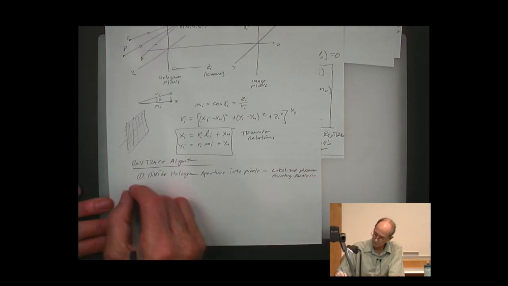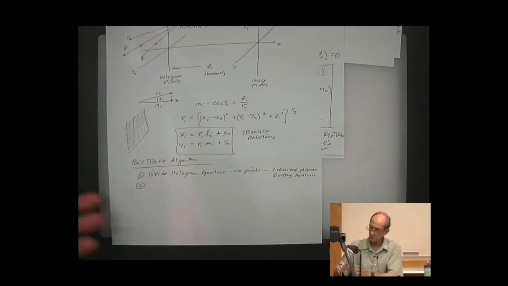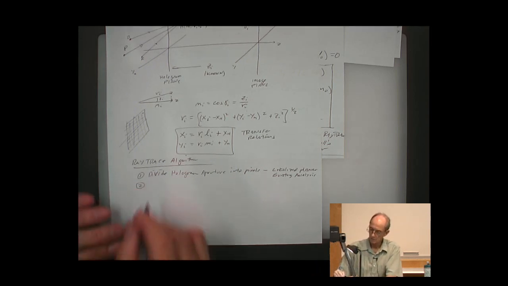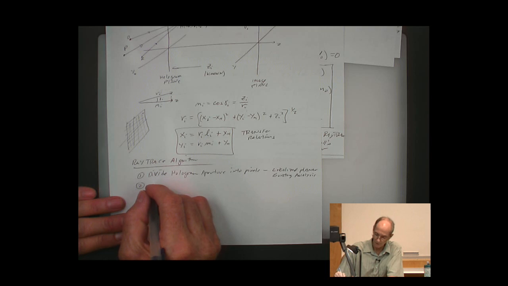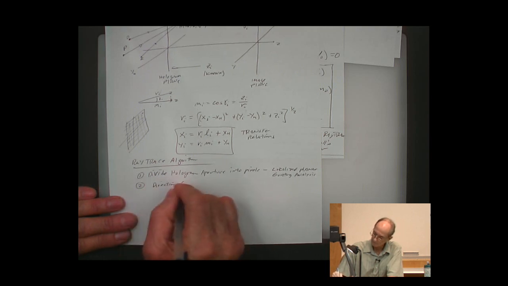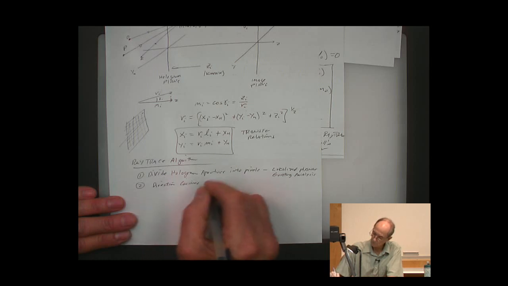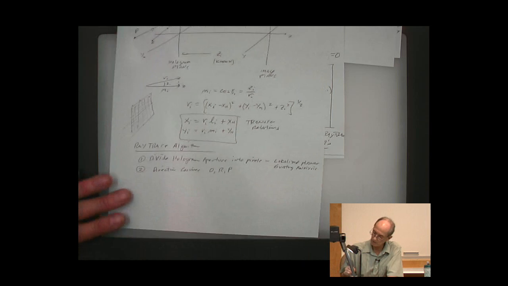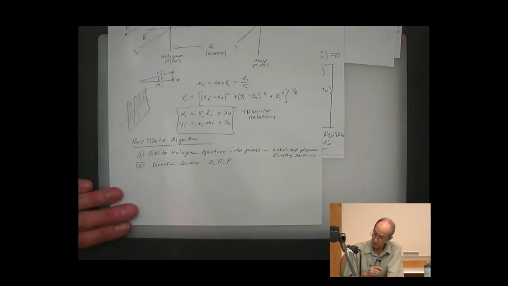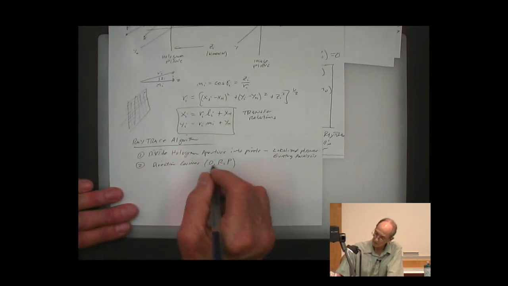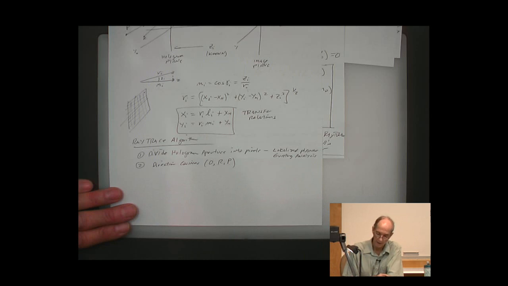All right, and then the next step is for each of those different points, we're going to compute the direction cosines for O, R, and P, the construction ray and then the reconstruction ray, using, again, that relationship that I gave.